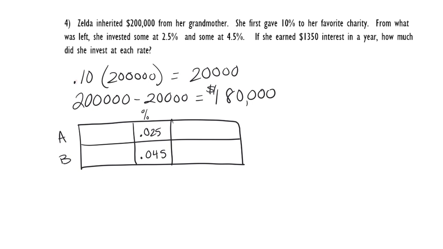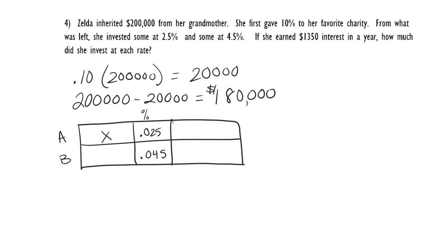And the amount she put in each, this works out a little bit differently than last time, because I actually have this grand total of how much money she had. I didn't have that last time. She has $180,000. So I don't know how much she put in option A, so I'm just going to write X.